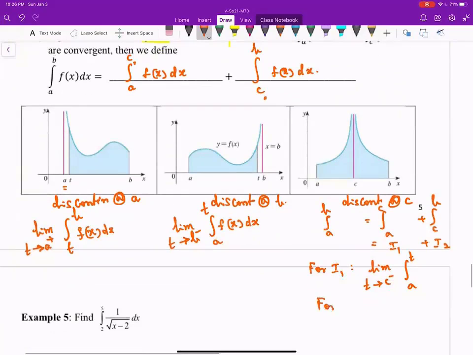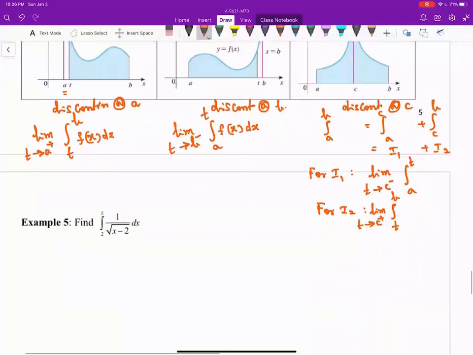And for I2, you would write the integral from c to b, so it is t to b, with the limit as t approaches c from the right. So this is how you do type 2 improper integrals, where there is a discontinuity either at the lower limit, at the upper limit, or in between.